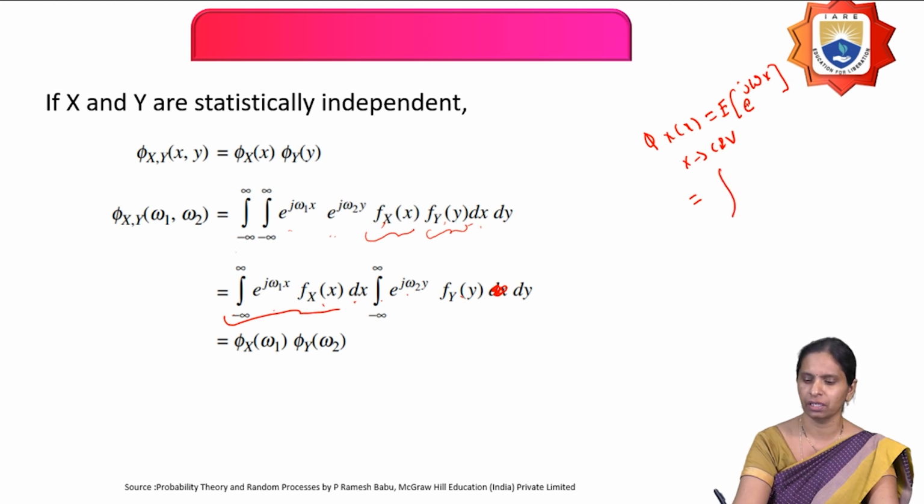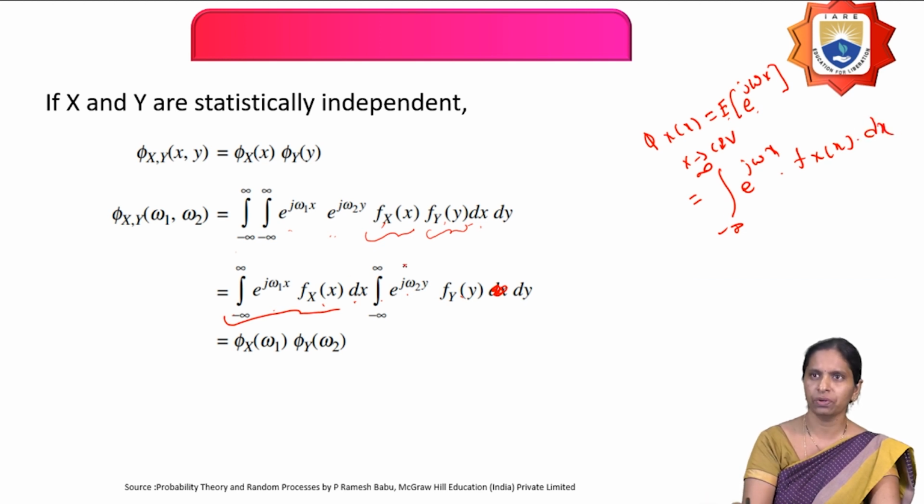You have to write integration. Since you have only one random variable, you write only one integration from minus to infinity. The expectation of any function is that function into the density function of that random variable x, into dx.